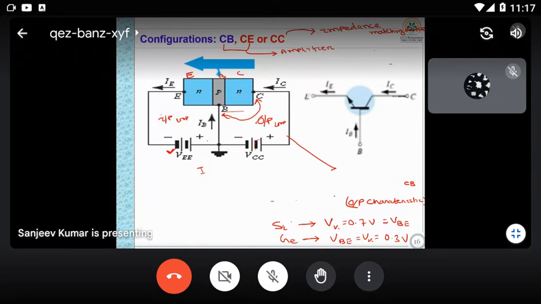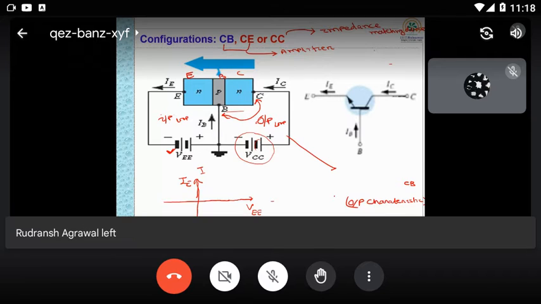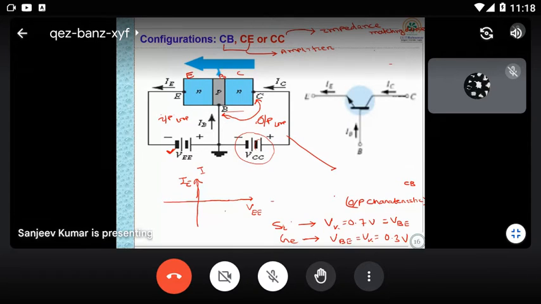Now, for the input characteristic, you have to plot between the input voltage, which is VEE, and the current, which is IE. Now, this behavior is plotted at a constant supply voltage VCC, while you vary the input voltage.